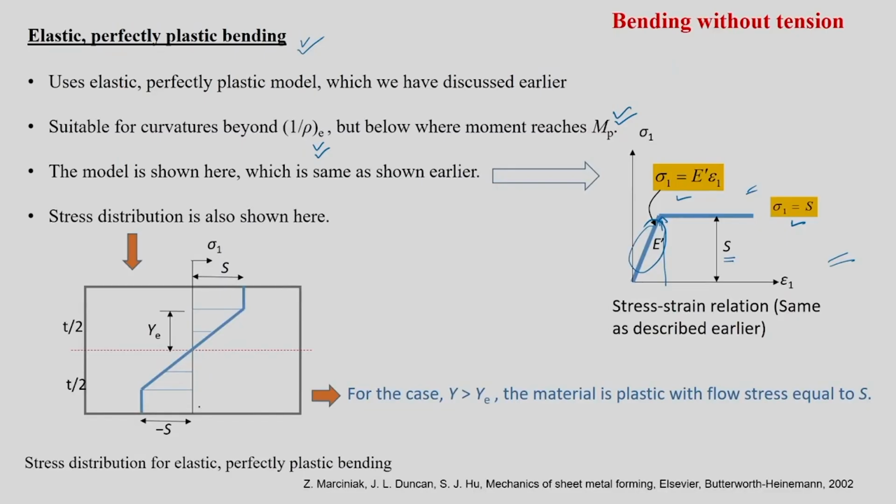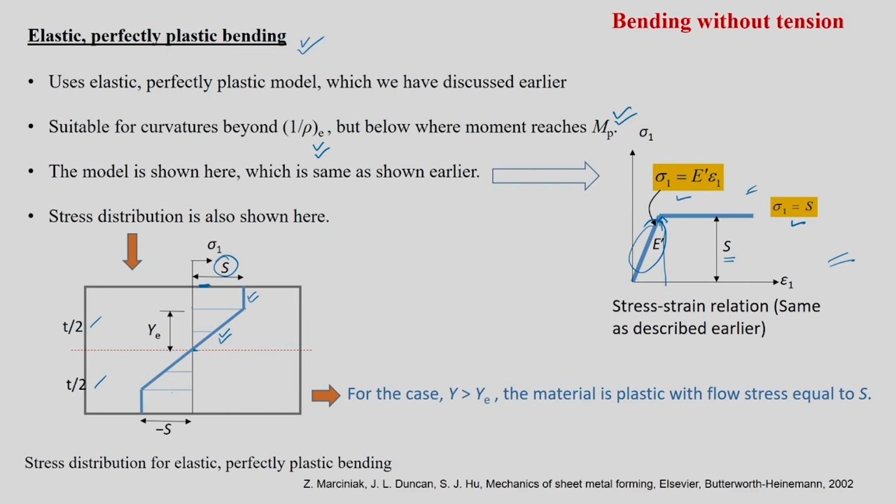That means up to a particular distance y from the mid surface, this is anyway T by 2, you are going to have the elastic representation, and then it will become the plastic part where the flow stress would be equal to the plane strain flow stress, which is nothing but S. When you start from the upper part of the sheet, the uppermost fiber will reach S first, and then you will have a flow stress of S up to a particular thickness, and below that it will be an elastic part, reaching 0, and on the bottom side it will be just a reflection of that, opposite to that.